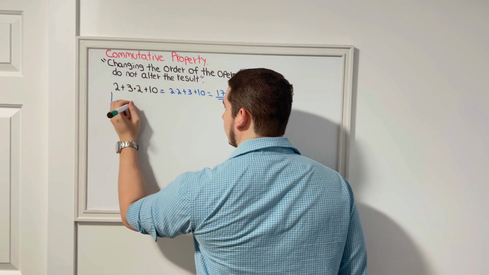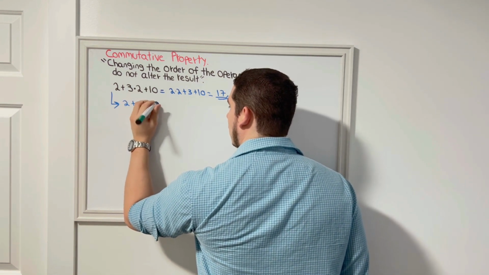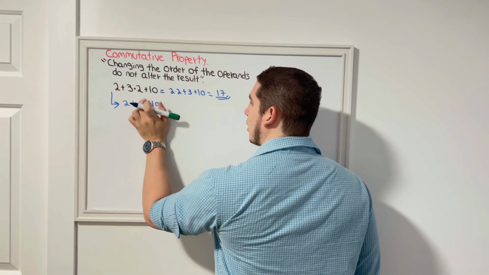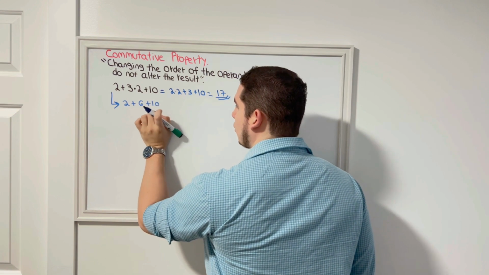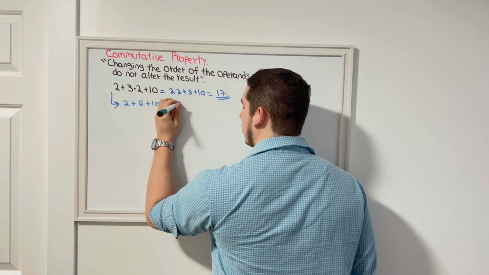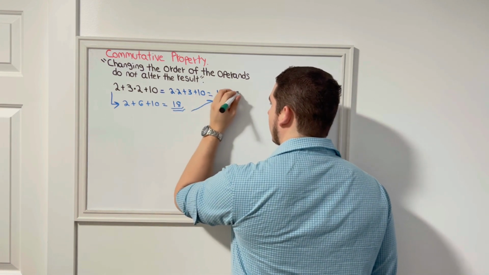2 plus 6 plus 10. Why? Because multiplication comes before addition. Therefore, the answer of this is 18, which is different from this.